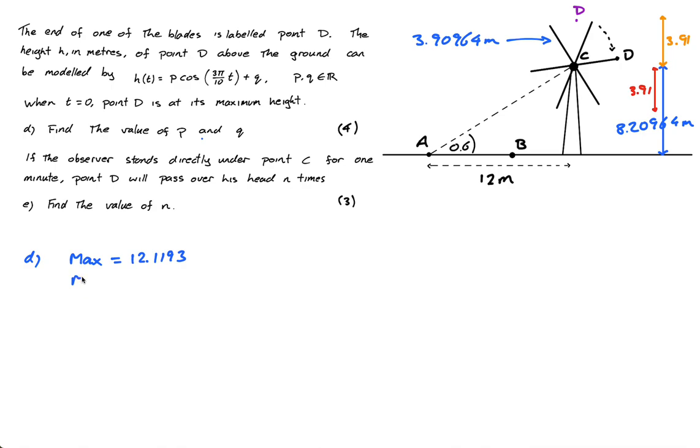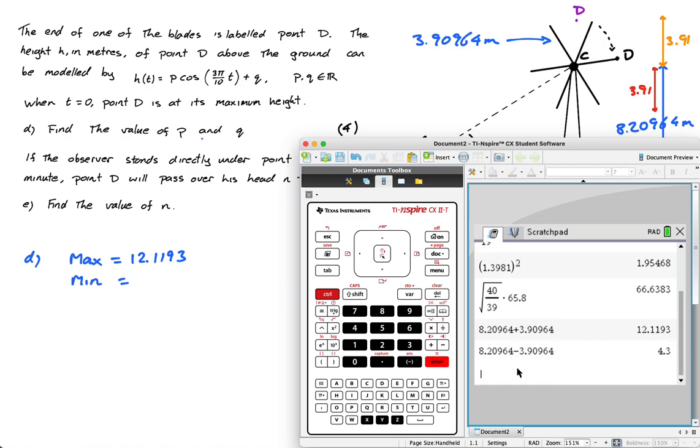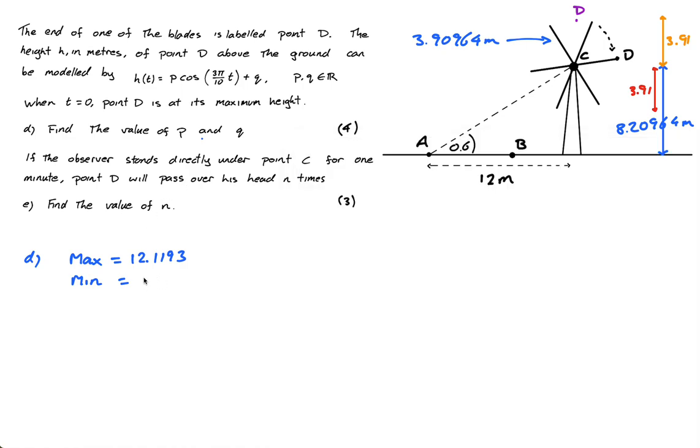And its min is, well, let's just copy and paste this. That's this minus this, which is 4.3. So its minimum is 4.3. Now I always suggest, guys, when you can, draw the graph.